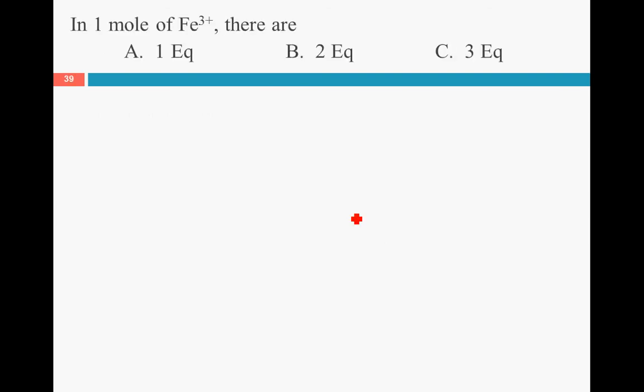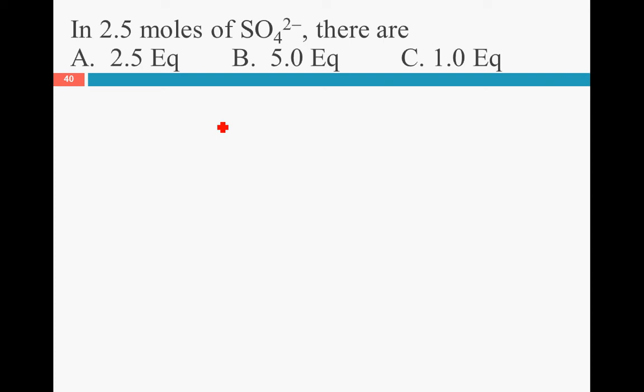If we're looking at 1 mole of iron 3+, because of the fact that it's 3, the equivalency is going to be 3. That means for every mole of iron 3+ we have an equivalency of 3 charges. Now let's get a little bit more complicated. We notice that sulfate is a -2, which means it has 2 equivalents per mole.